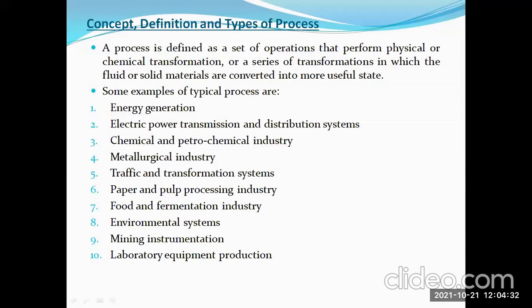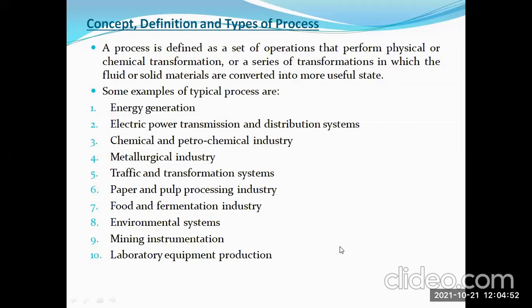And another one is chemical transformation. That is where one material is deformed or its state changes from one form to another form. We have to manufacture different types of products according to our criteria.